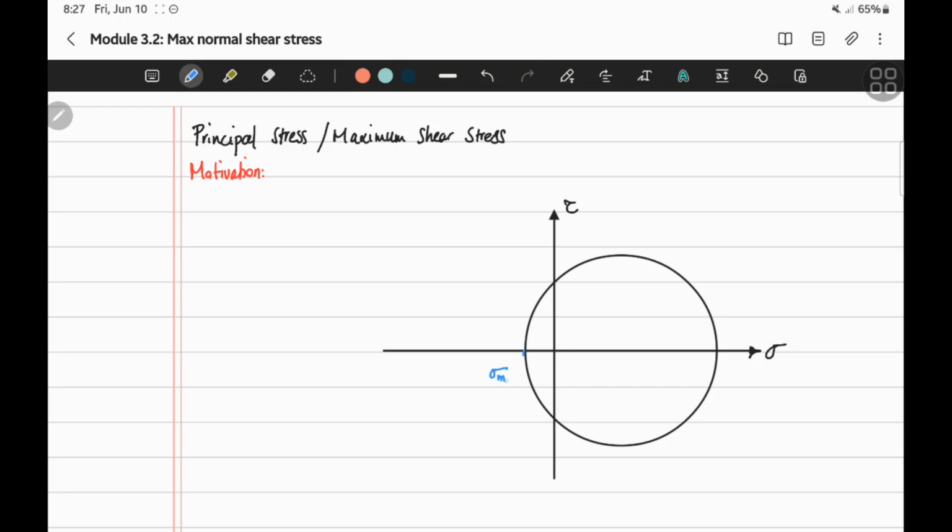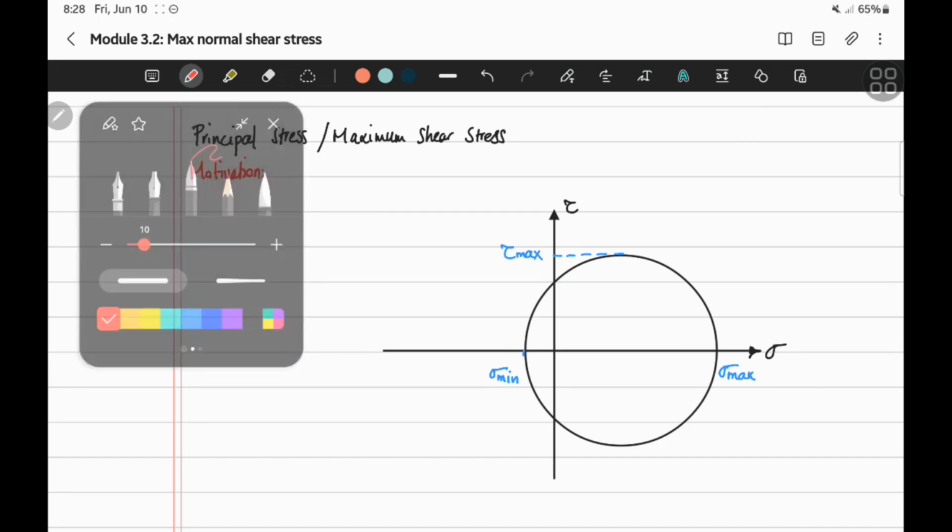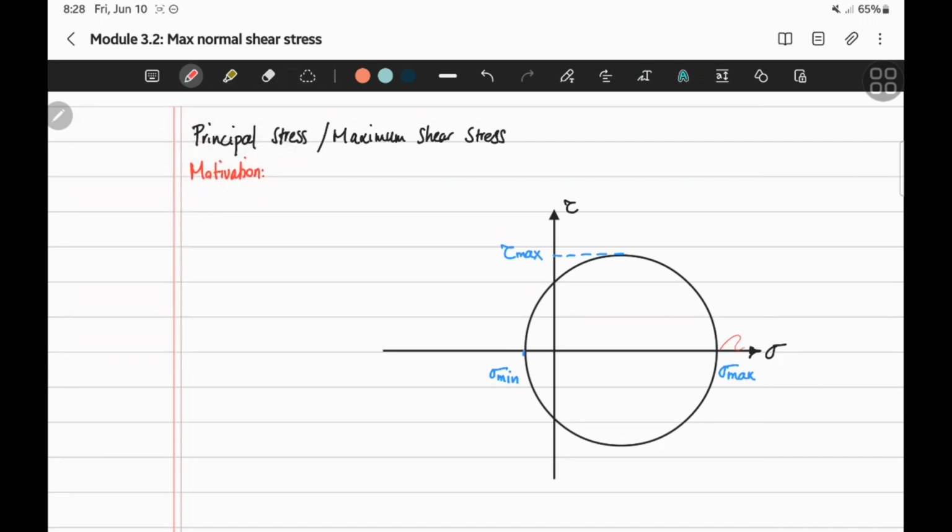So we had a minimum value for sigma and a maximum value for sigma, the normal stresses. And here we had the maximum shear stress, tau max. And if you recall, here when we have the maximum and minimum normal stresses, tau, the shear stress, is equal to 0.